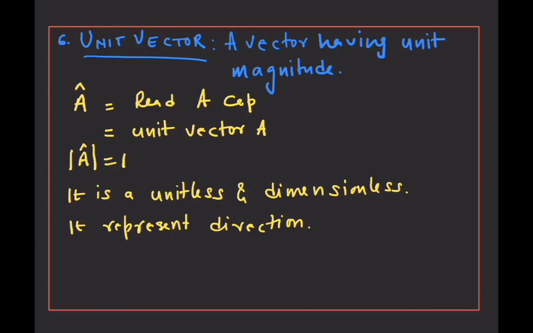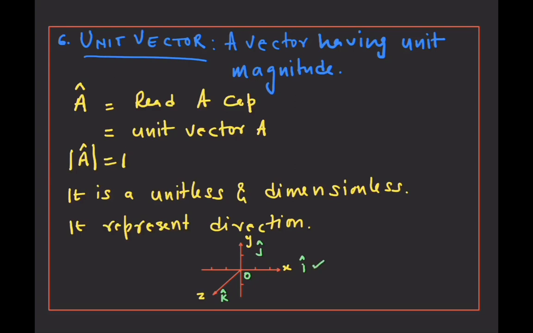There are 3 unit vectors along x-axis, y-axis and z-axis: i cap along x-axis, j cap along y-axis and k cap along z-axis.